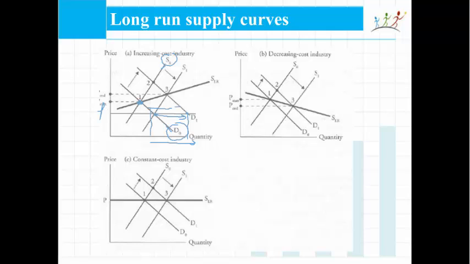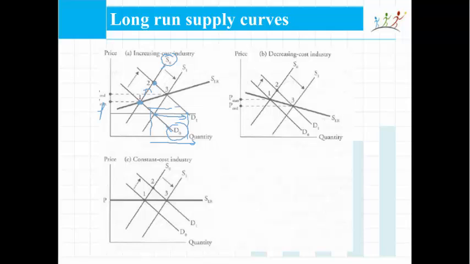Now if the demand increases, the equilibrium will immediately move to point 2. The supply curve is still the same, S0, because supply cannot immediately increase and the demand has increased. So the equilibrium will move from point 1 to point 2. That is, the price will go up, some production will go up.